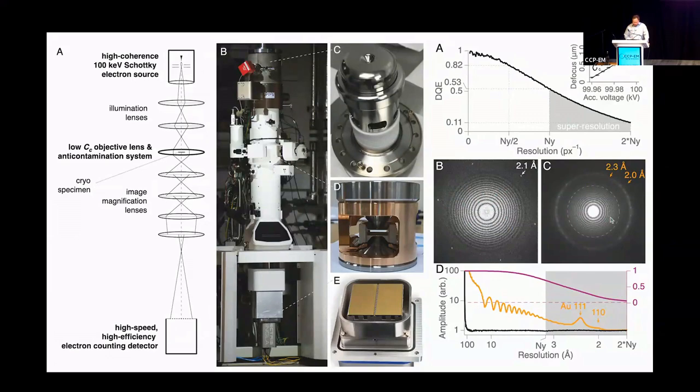So here we've taken an image of gold on carbon, and the Nyquist frequency is this dashed circle here, which corresponds to this point here. So you can see if you integrate around the ring here, you get this nice tone ring pattern, which falls off, but goes right out into the super resolution range. And you can see the 111 and 110 rings in gold very nicely.